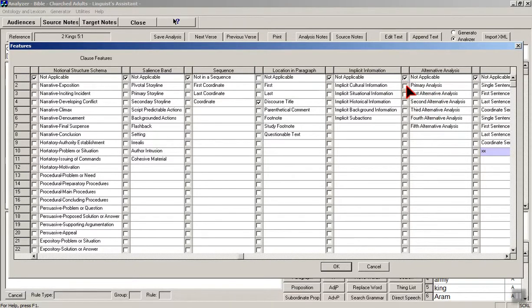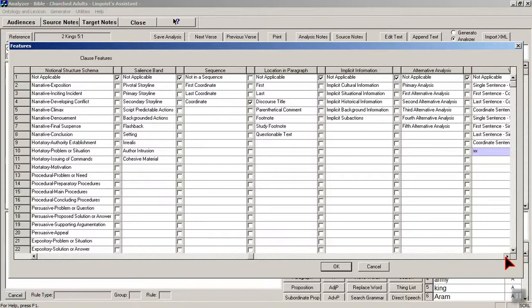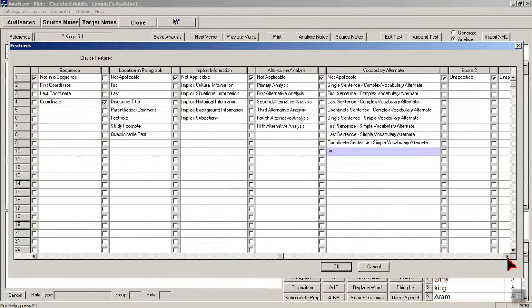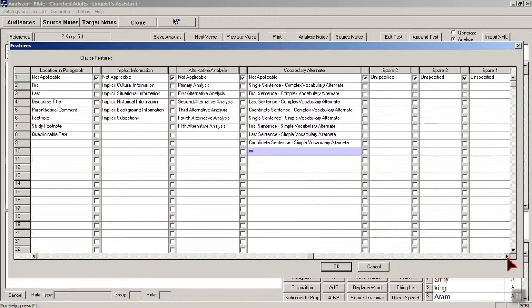Primary analysis would mean the main text that we want to say, but we can have the following sentence be an alternate: first alternate, second alternate. That's especially when we're not sure of the meaning, so we give some alternates for the translators. There's something called the vocabulary alternate. We're not going to deal with that yet.